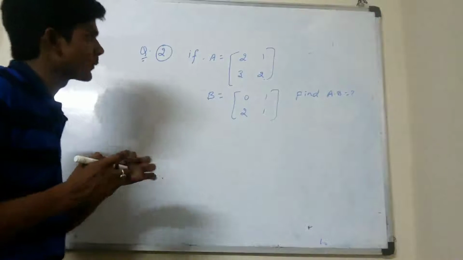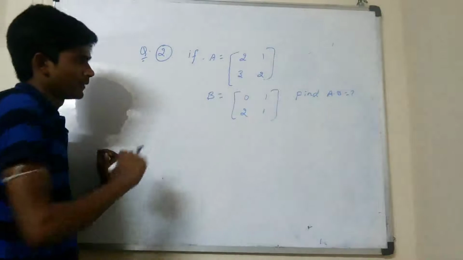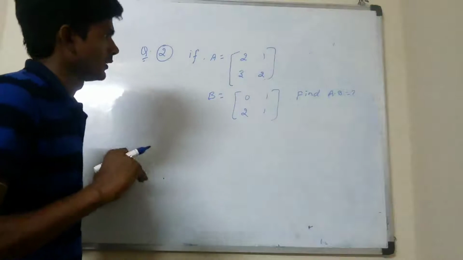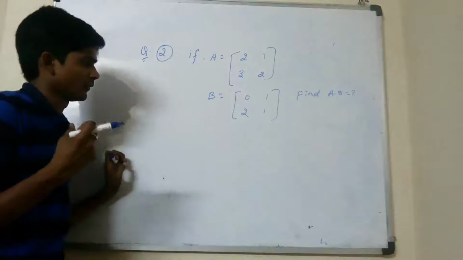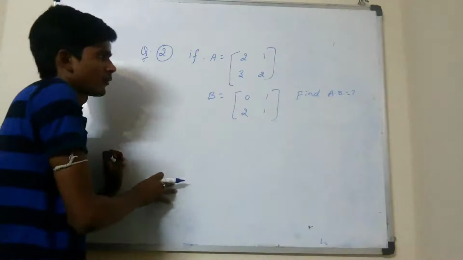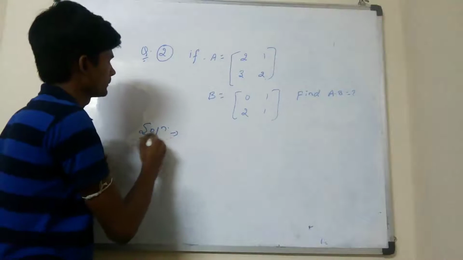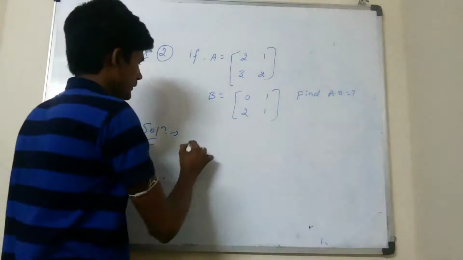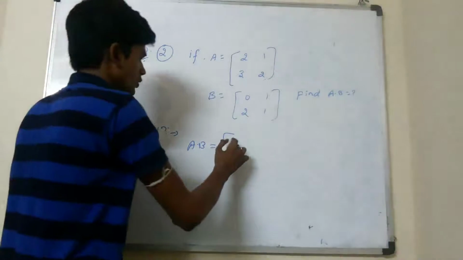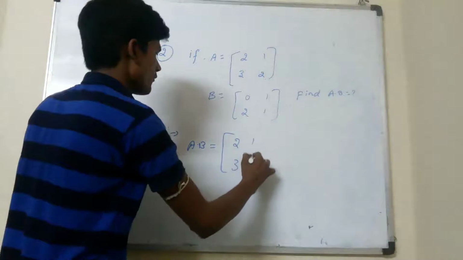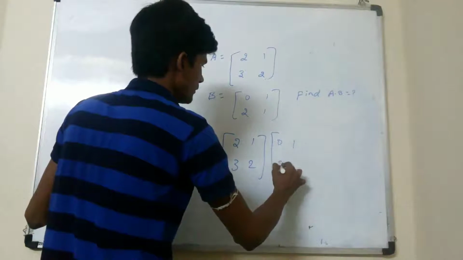Now the second question is based on multiplication of matrices. I am taking a small example. The procedure is the same for 3 by 3 and 4 by 4 matrices, but I am only taking 2 by 2 matrices for multiplication. So how to multiply A with B? A is 2, 3, 1, 2 and B is 0, 1, 2, 1.